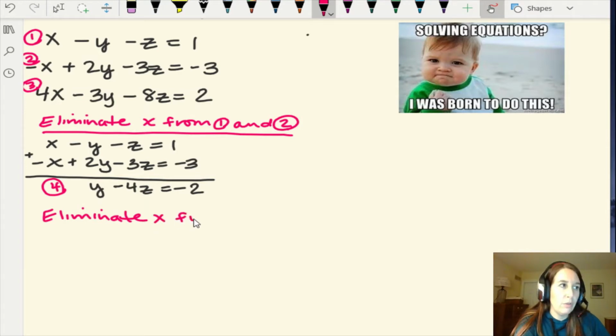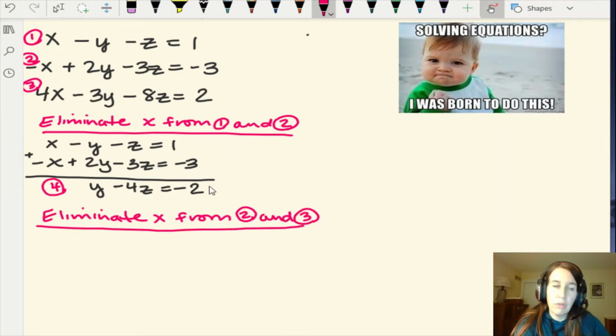x from equations 2 and 3. We can do 1 and 3 or 2 and 3, but remember we need to get that equation 3 involved. So if we're going to do 2 and 3, it looks like we should just multiply this second equation by 4 to get opposite coefficients for x.